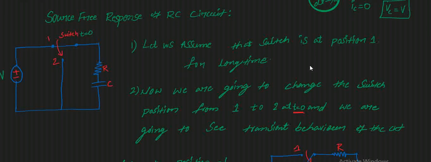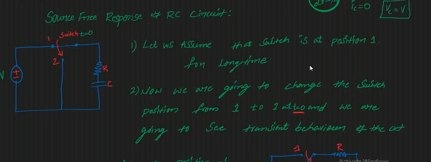Now we change the switch position from 1 to 2 at t equal to 0. This movement happens in a fraction of a second, in microseconds, and we are going to see the transient behavior of the circuit. Initially the capacitor gets charged with respect to this voltage.